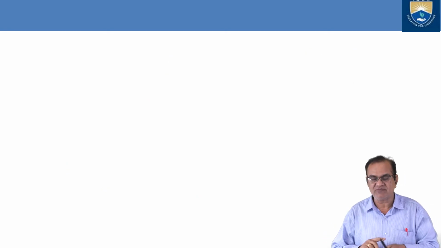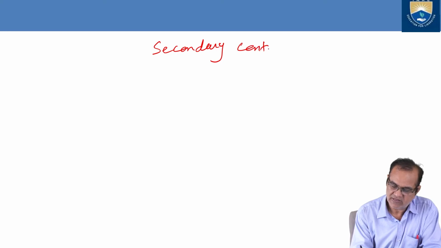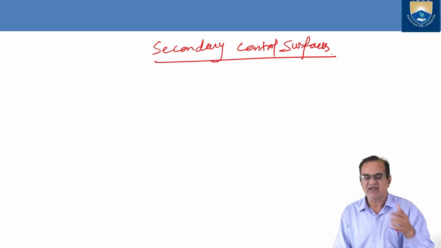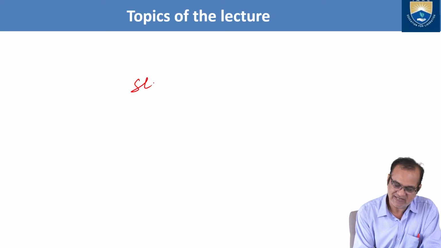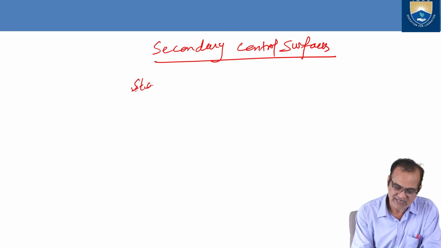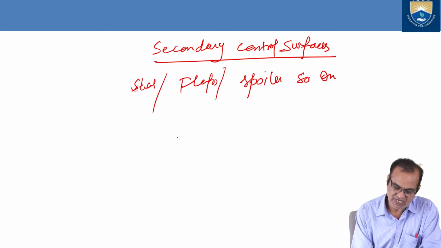But we also have some secondary control surfaces, like slats, flaps, spoilers, and so on. So if you see, this is the wing.